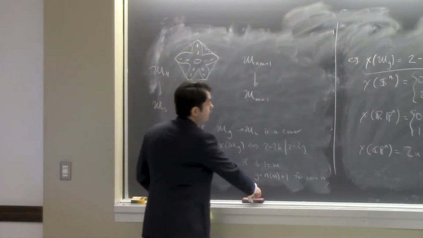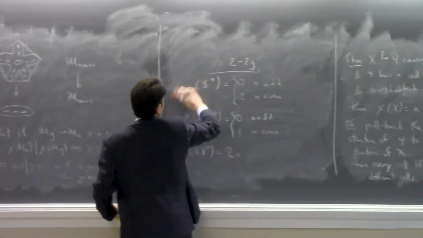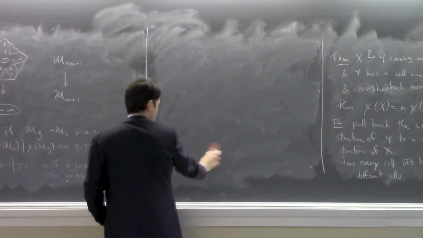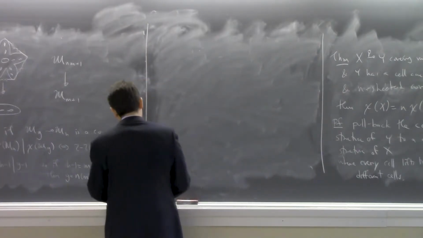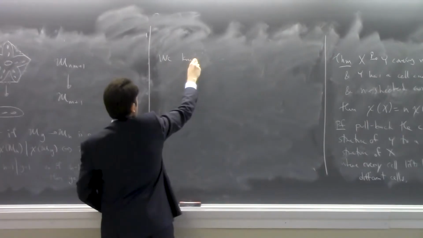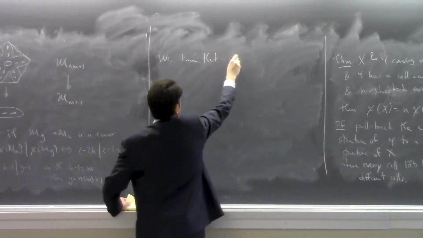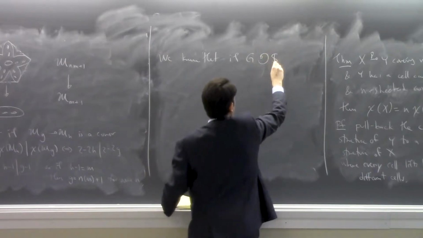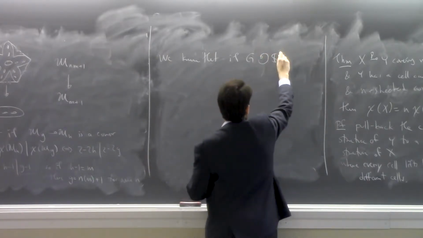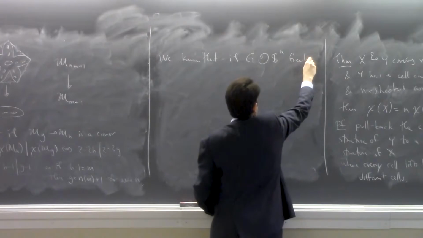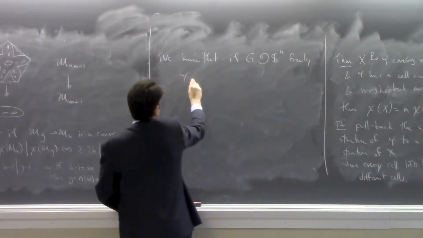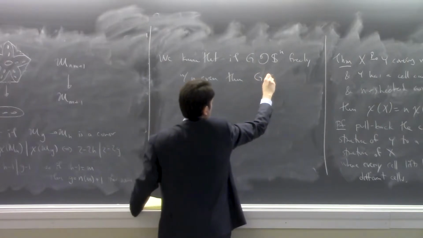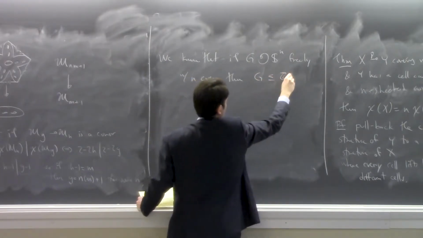Okay. Another cute fact. So we used the degree of a map to show that if G acts on Sn freely with n even, then G is a subgroup of Z mod 2Z.